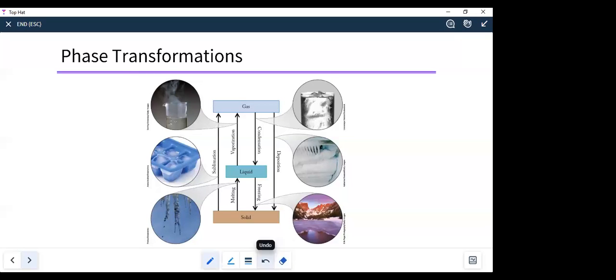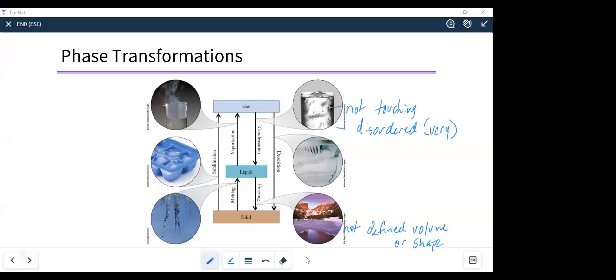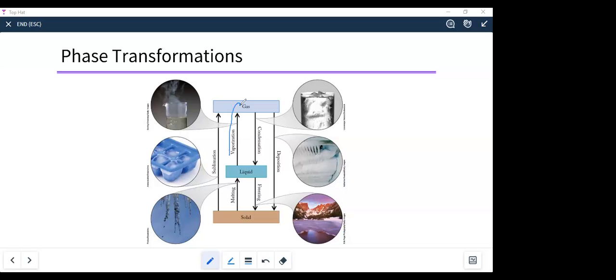Now, one important point of note here that I want everyone to be aware of: this is called vaporization, not boiling.